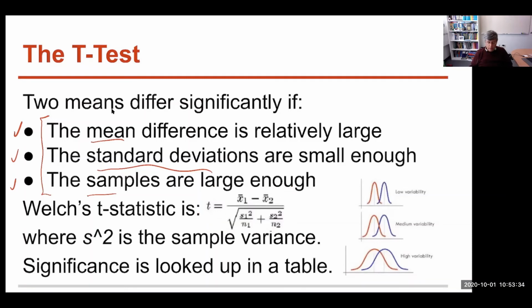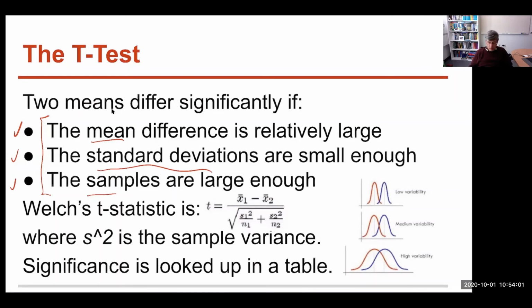What's interesting about this statistic? As the difference in the means gets larger, what happens to the value of the t-statistic? It gets larger. What happens as the standard deviation gets lower?